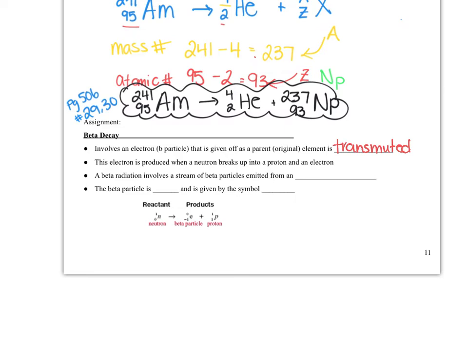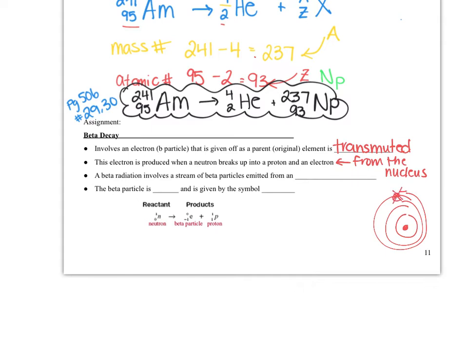So one thing to note here is that when we're talking about an electron, this particle is still coming from the nucleus. So this isn't an electron like in the cloud orbiting our element, so where we would normally find electrons.